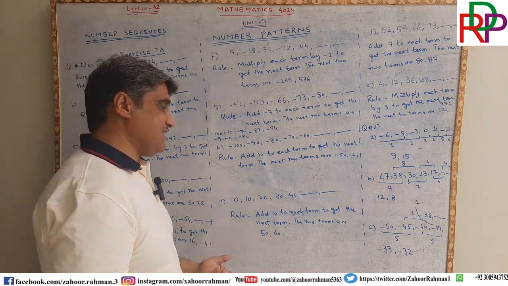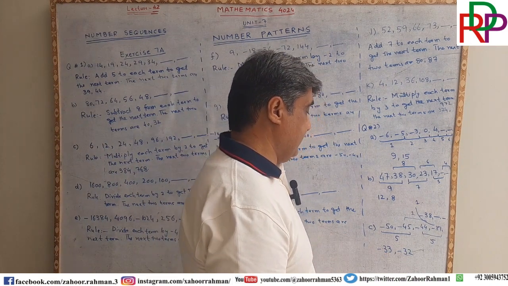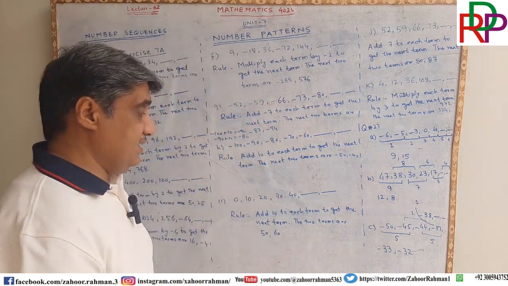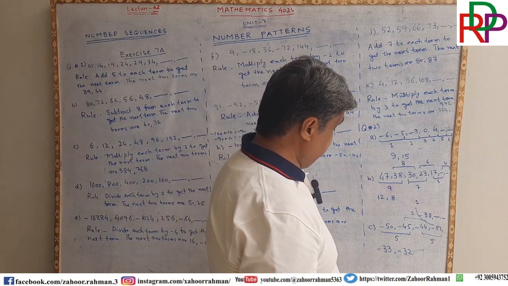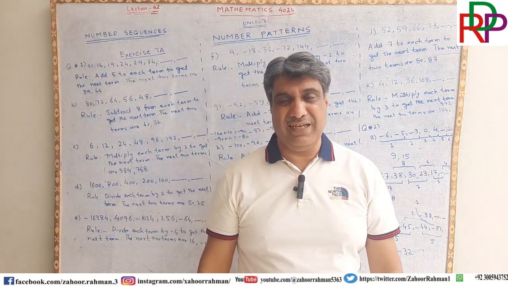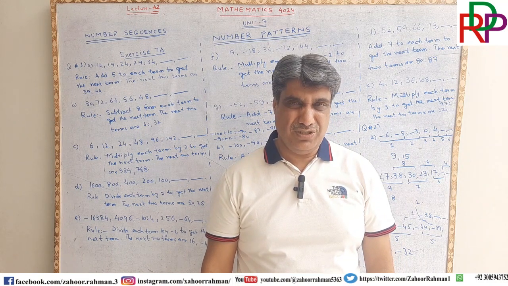So in this case, the next two terms are minus 33 and minus 32. Ladies and gentlemen, let me erase the whiteboard and then I will come back to the next question. Stay tuned.